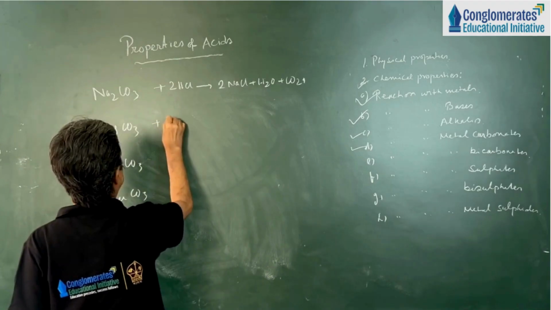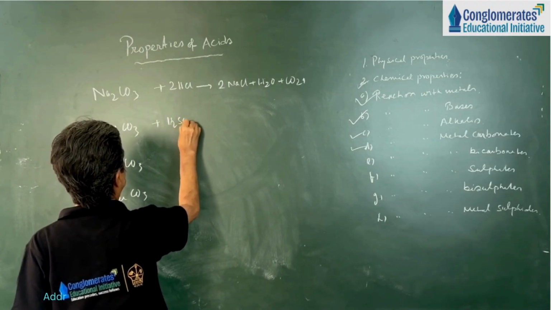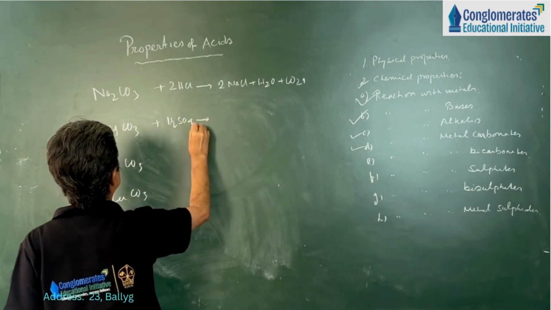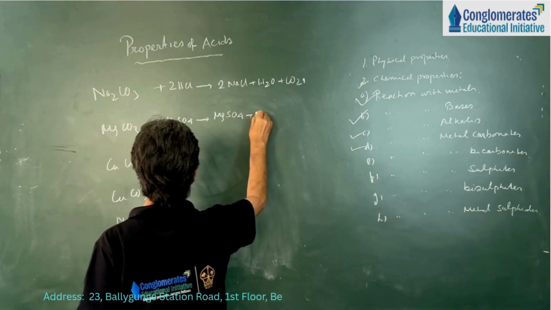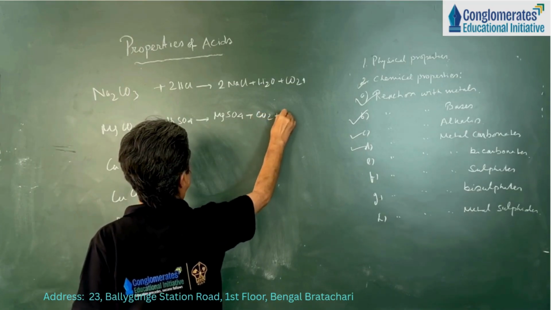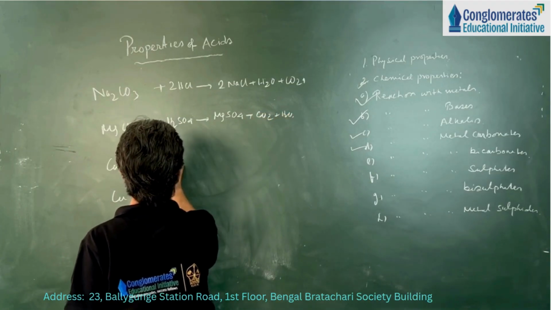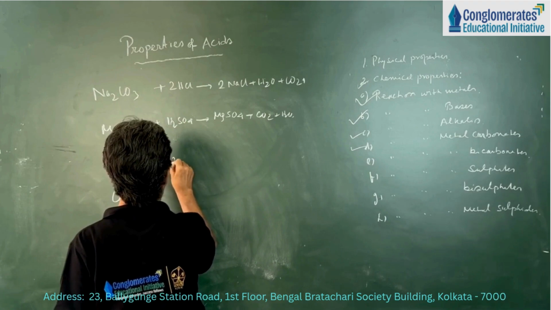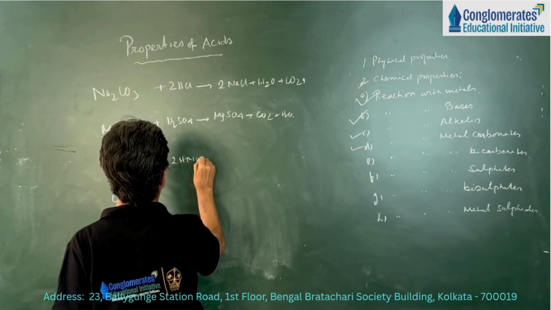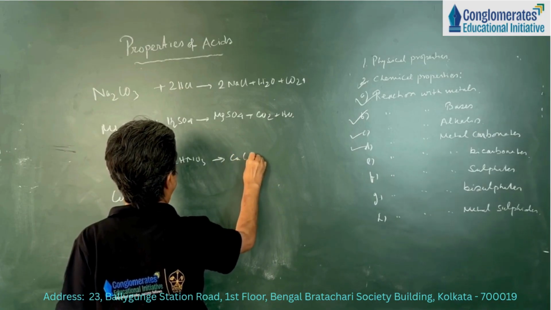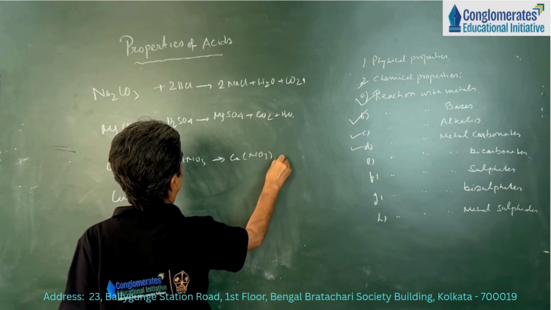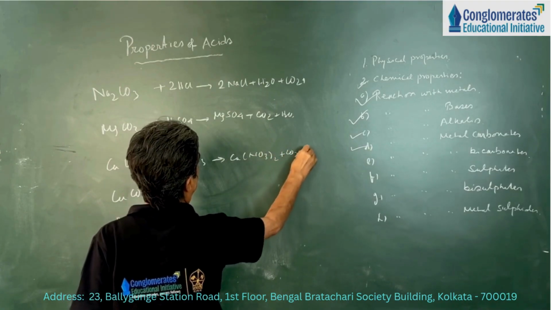Similarly, if you take dilute sulfuric acid, but here you remember all should be dilute conditions. Concentrated cannot be allowed, because concentrated acid has a different function. CO2 plus water. Now nitric acid, if we take 2HNO3, we get calcium nitrate plus carbon dioxide plus water.